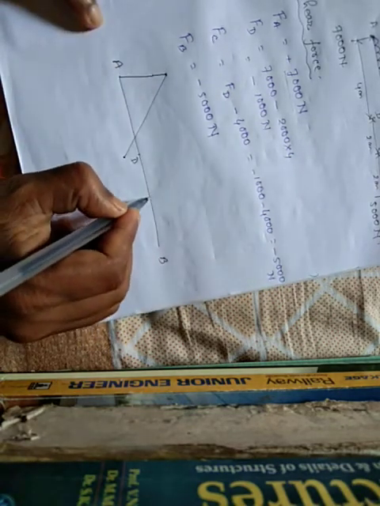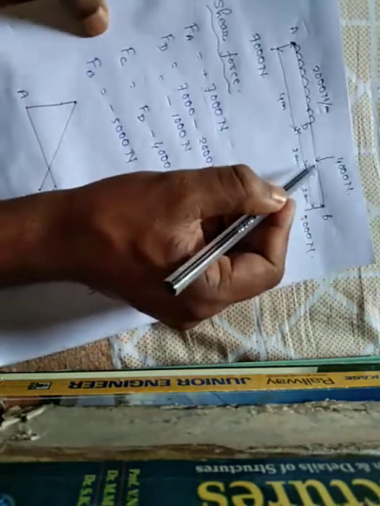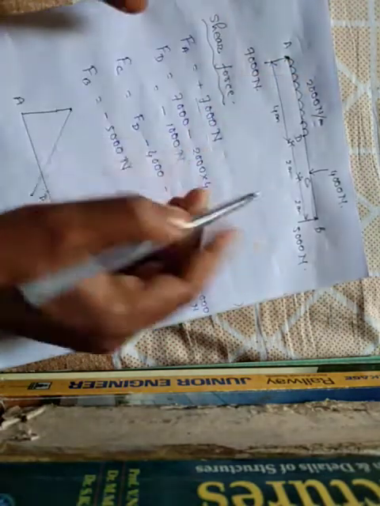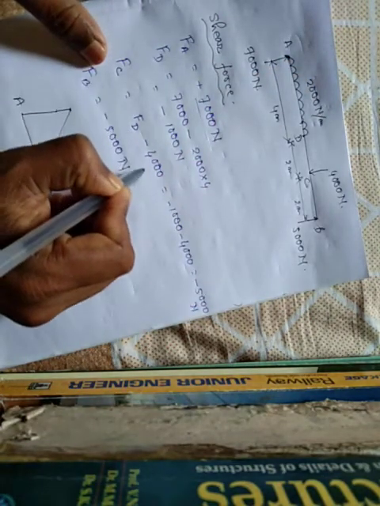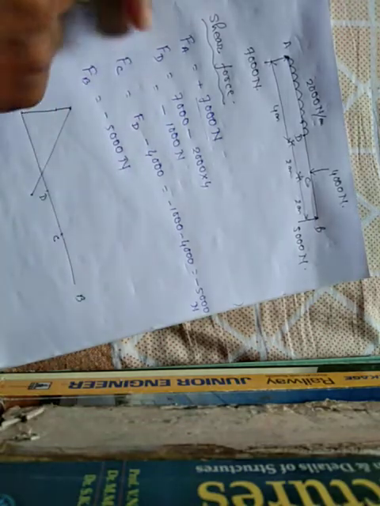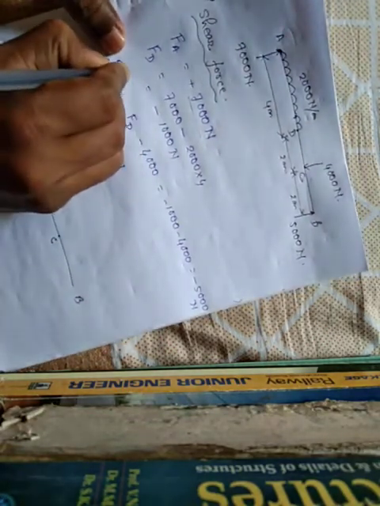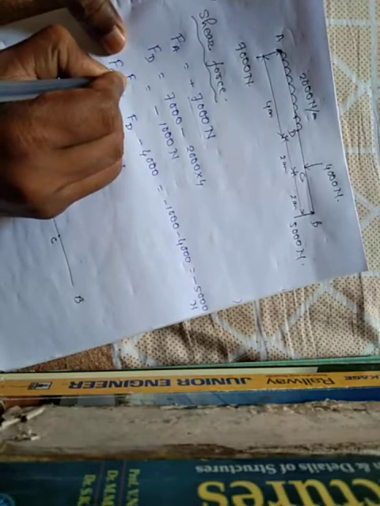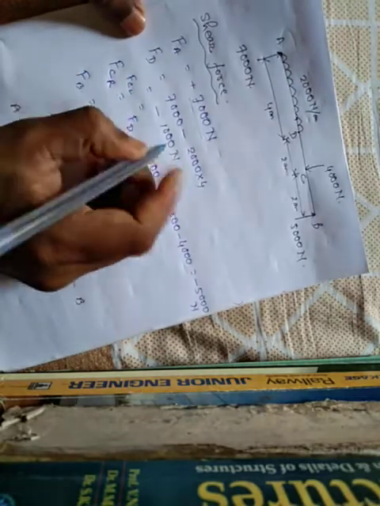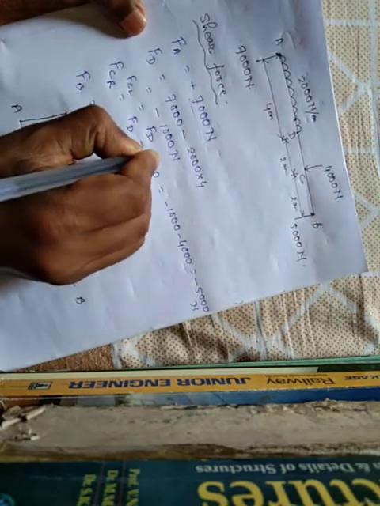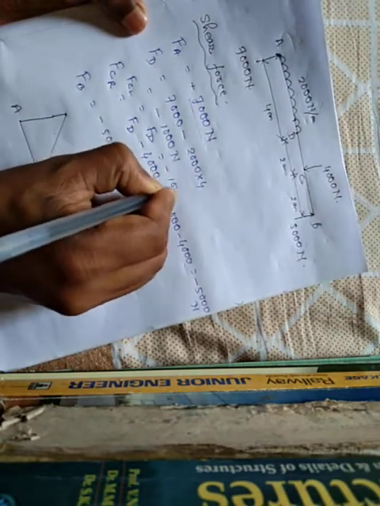At point C, there is a point load, that means we'll get two shear forces, just to left and just to right. Now just to left, what will be the shear force at point C? Just to left means shear force at point D, which is equals to minus 1000 Newton.